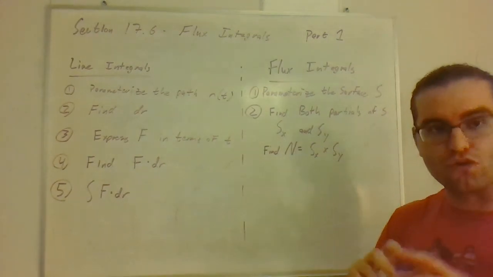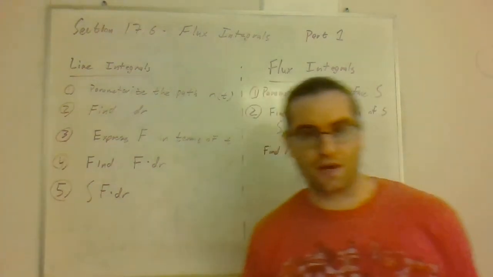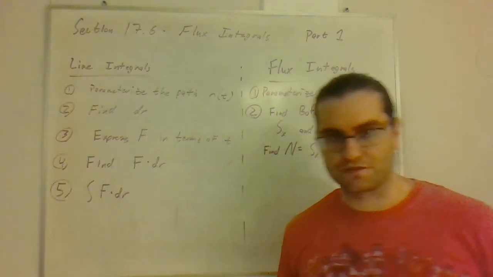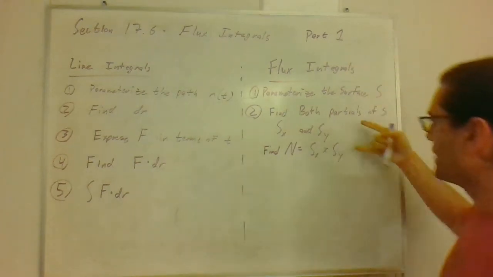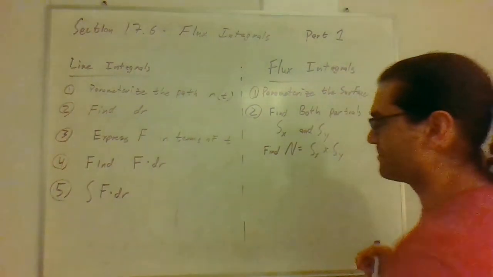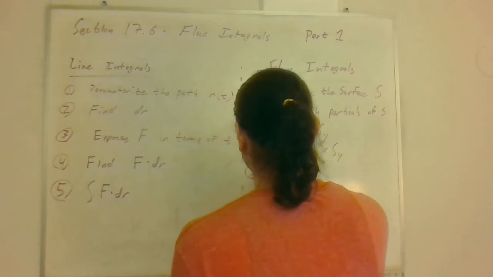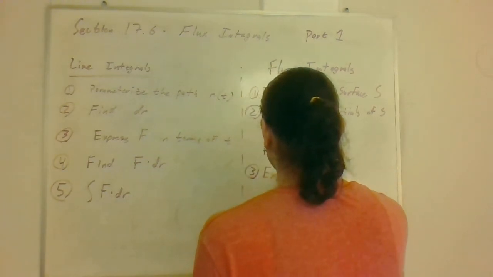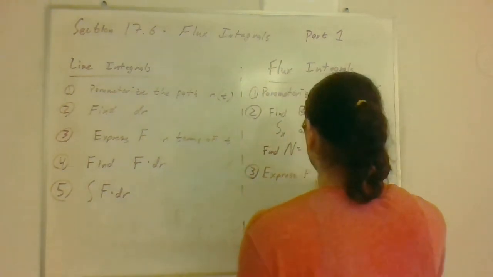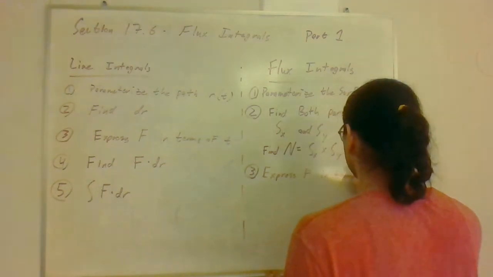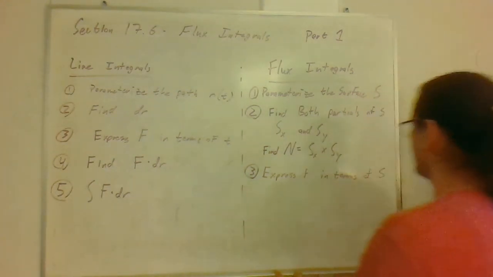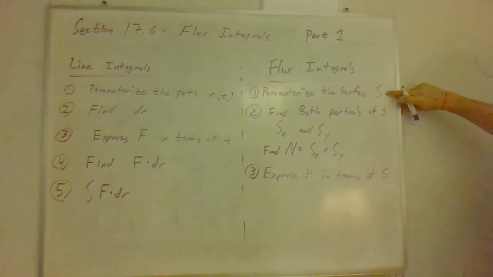So that's how we get our n. N, the vector normal to the surface we have parameterized, is what we're going to use for our flux integrals. So a little more work here than normal. Step 3 is exactly the same. Express f in terms of the parameterization you used here.